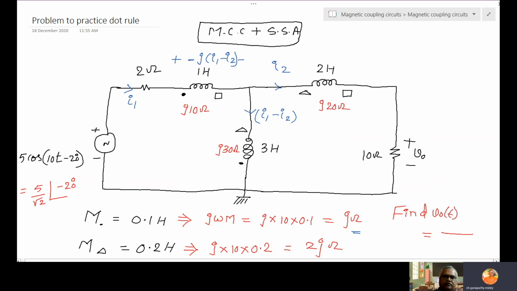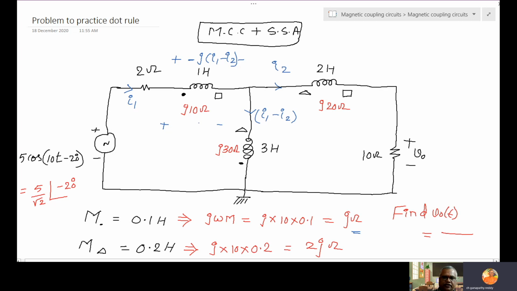The same way, because of the 2 Henry coil, here I2 is entering at the unsquare. Assume sensing at the unsquare; sensing at square or unsquare is our choice. I2 entering at unsquare, sensing at unsquare is plus.